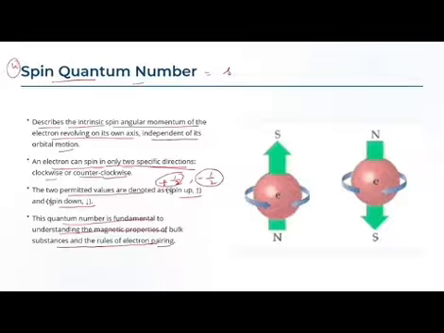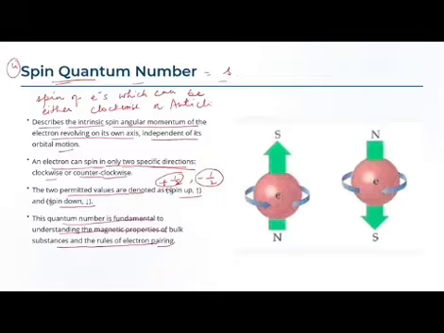So the spin quantum number, you have to learn here, is denoted by small s and it indicates the spin of the electron, which can be either clockwise or anti-clockwise.